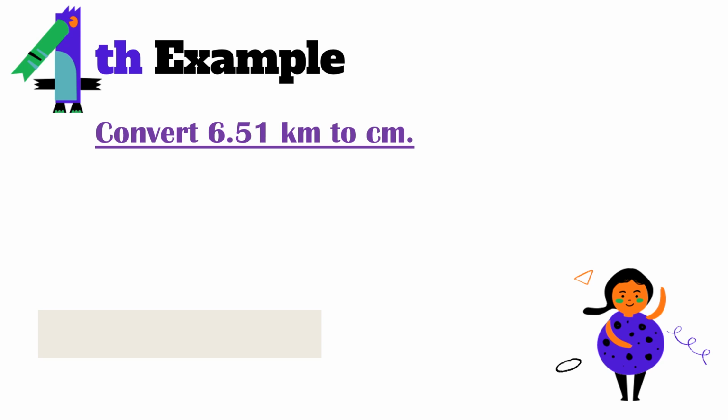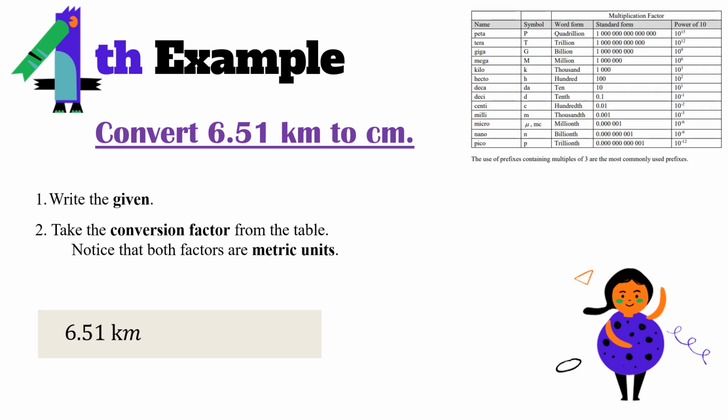Now for the fourth example, convert 6.51 kilometers to centimeters. Okay, so write the given, that's 6.51 kilometers. Now take the conversion factor from the table. Okay, again, both factors are metric units.